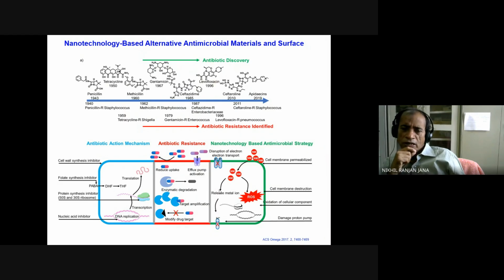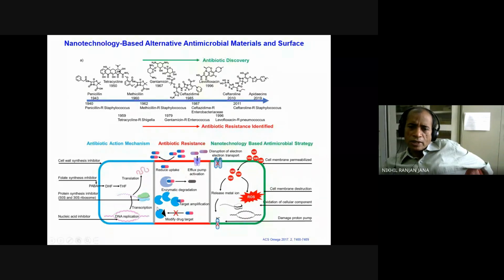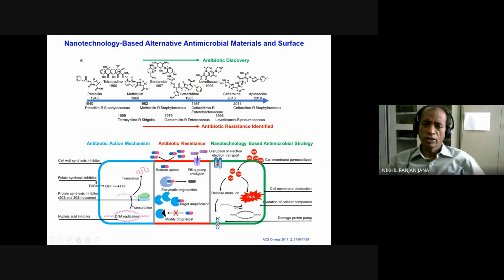So that's why scientists are working on generating new-generation antibiotics, small-molecule based, and primarily organic chemists are working on those. And nanotechnology is another powerful approach. These are the conventional ways antibiotic resistance develops, and how a nanotechnology approach can overcome some of them. One common approach is that nanocarriers can be used.